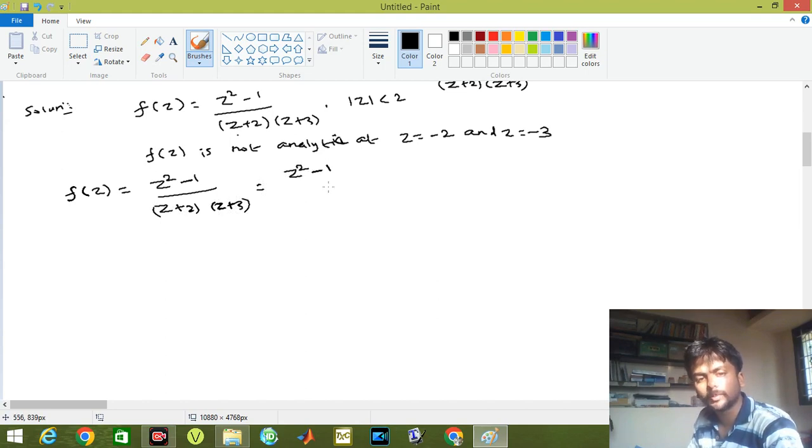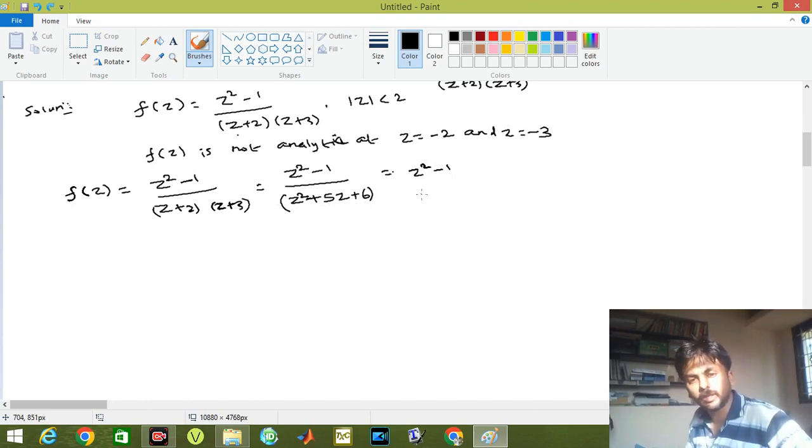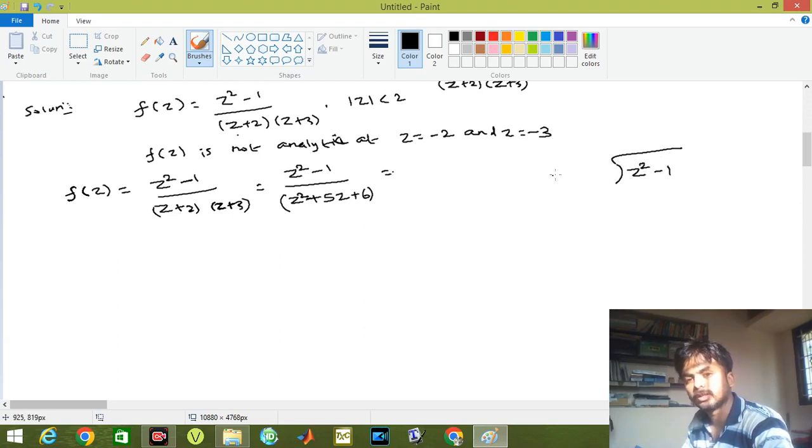It can be written as (z square minus 1) divided by (z square plus 5z plus 6). I'm going to solve this division: z square minus 1 divided by z square plus 5z plus 6.